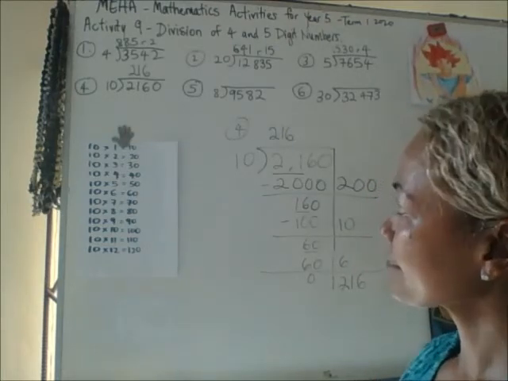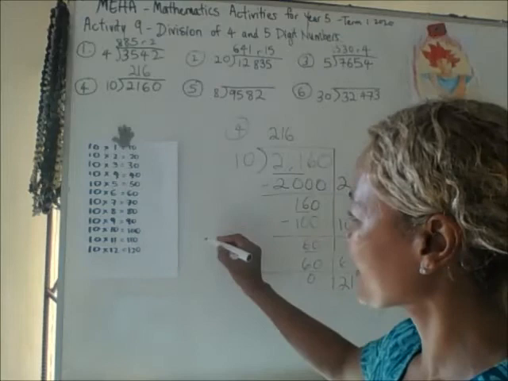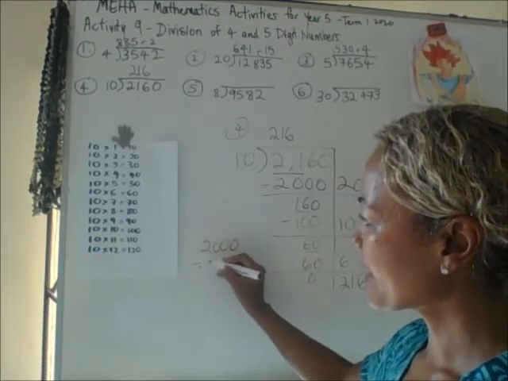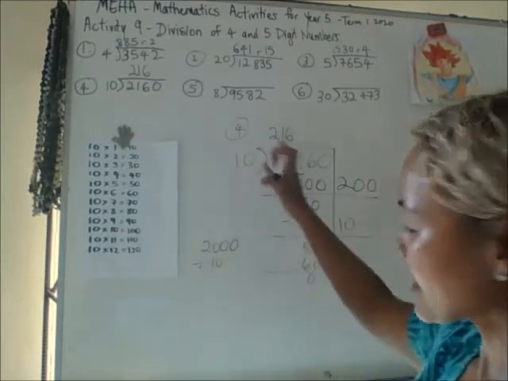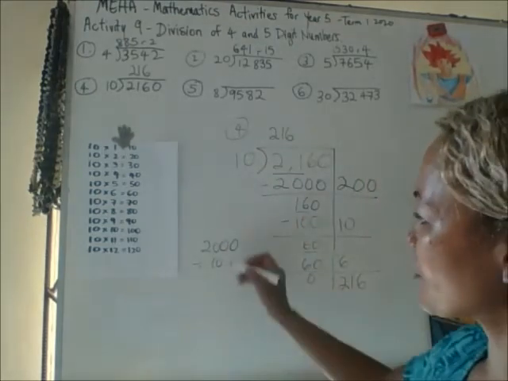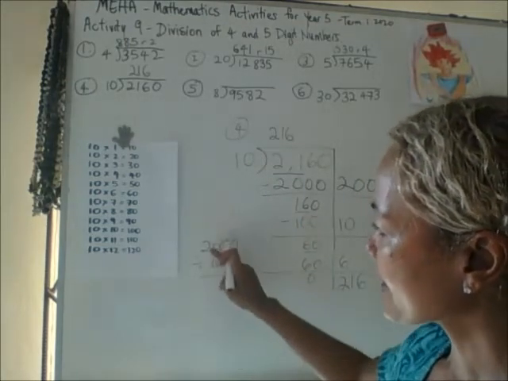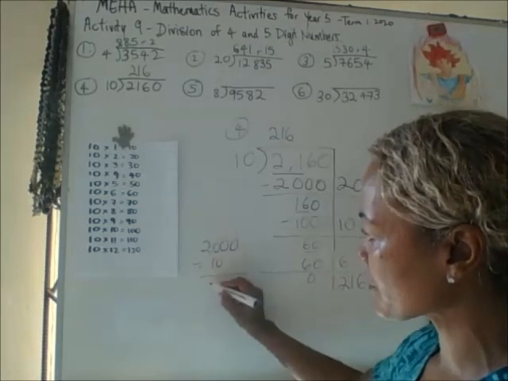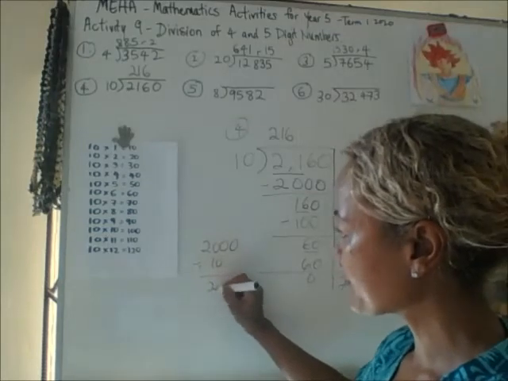So just along the same lines, say 2,000 divided by 10. Instead of going through this, all you can do is take off a 0, so it will be 200.